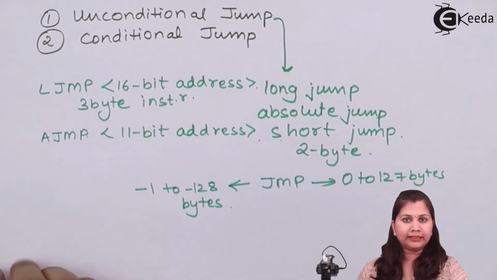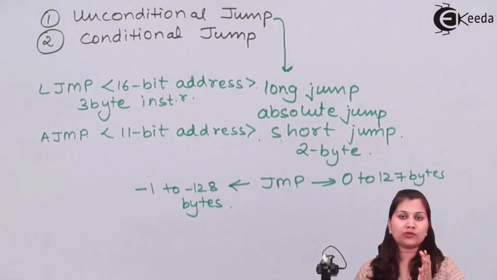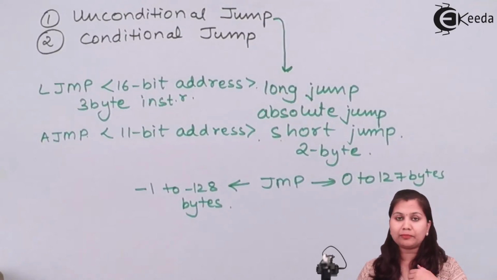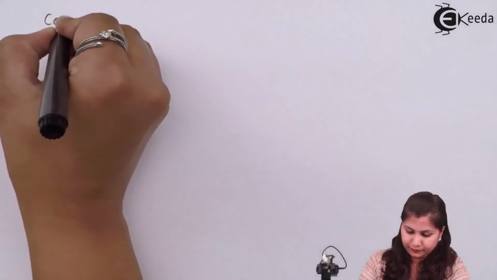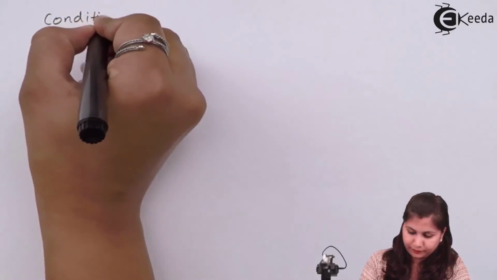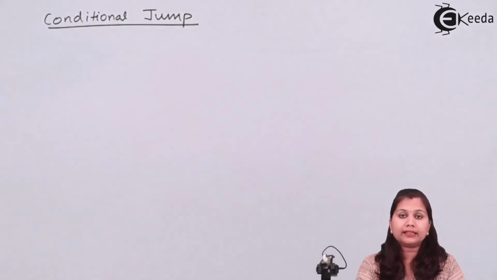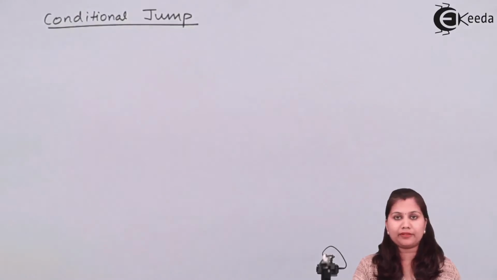Now let's come to the conditional jumps. In conditional jumps, the program execution will change sequence only when the specified condition is fulfilled. In conditional jumps, we have different types of jump instructions, like jump on carry, jump on no carry, jump if bit is equal to 1, jump if bit is equal to 0.